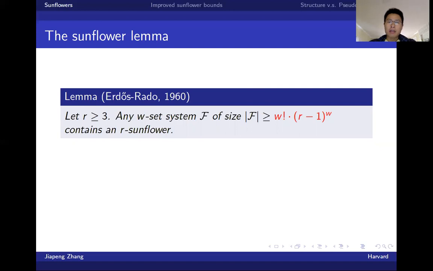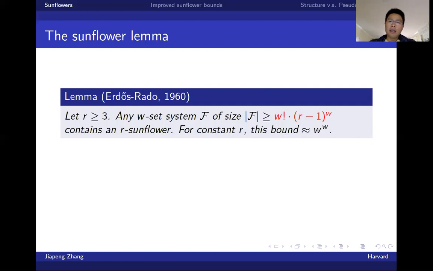Notice in this lemma, we don't care about the ground set, or we can call it the universal set. As long as there are enough sets, you can always find a sunflower. So this is the Erdős-Rado sunflower lemma.